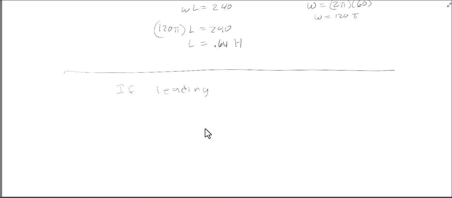Let's say that Z was, I'm just making this up, 40 minus J50, and the frequency is 10 megahertz. Okay, so that means that omega is 2 pi times 10 times 10 to the 6, because mega is 10 to the 6.